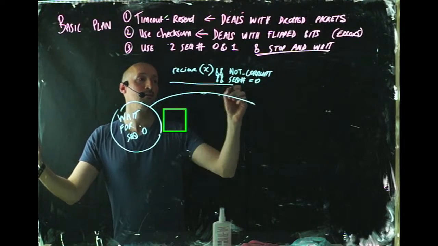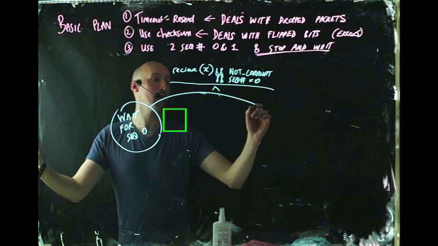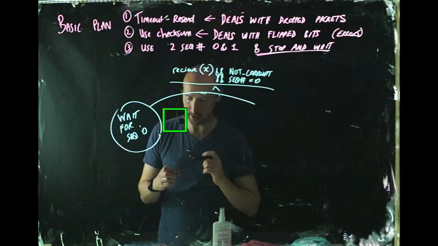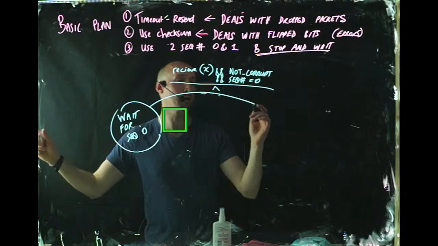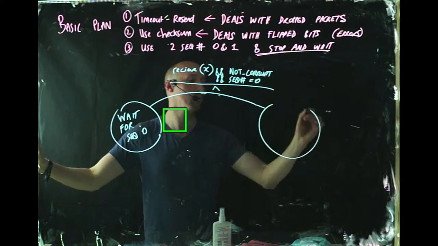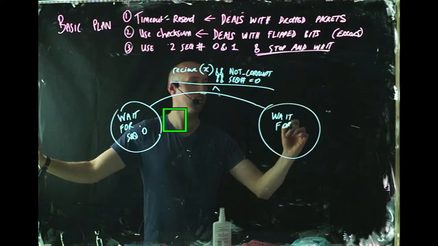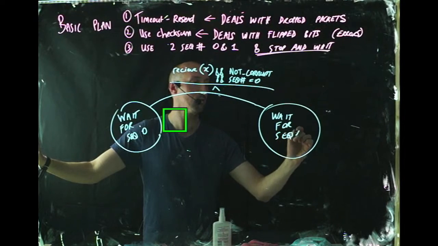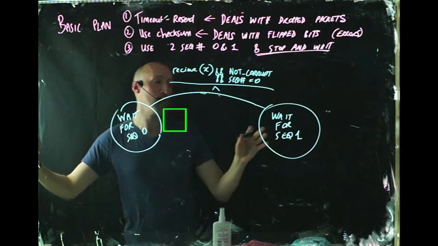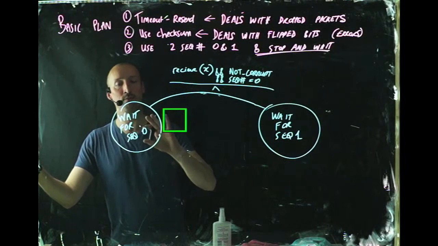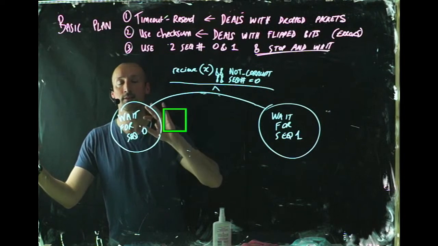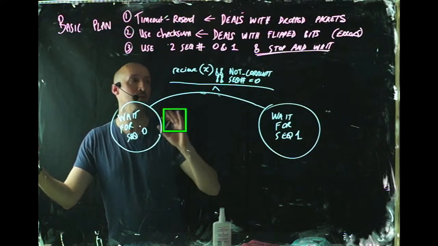That's great. So we move over here, where we're just waiting for sequence 1. We can't move over to sequence number 1 until we have actually received a piece of data that is not corrupt, that has sequence number 0.